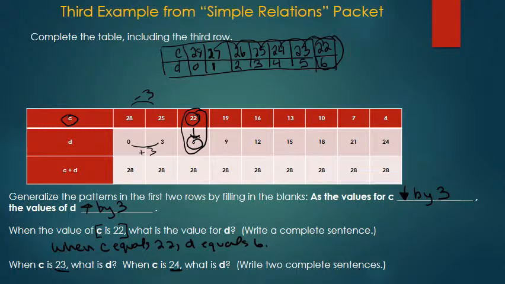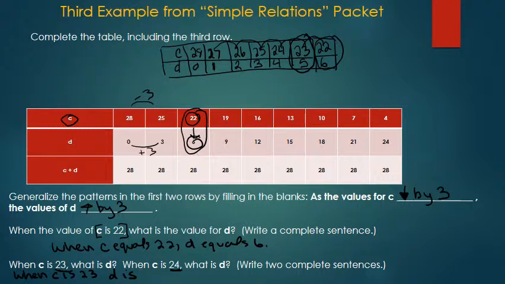So we need to figure out when C is 23. Now I go to this table and I say, when C is 23, D is 5. What did I find again?